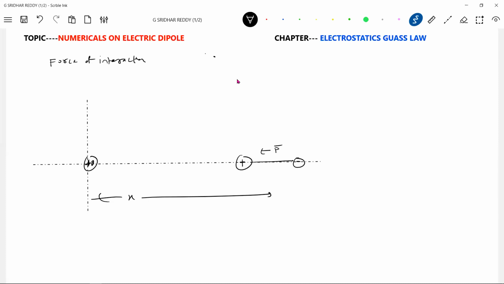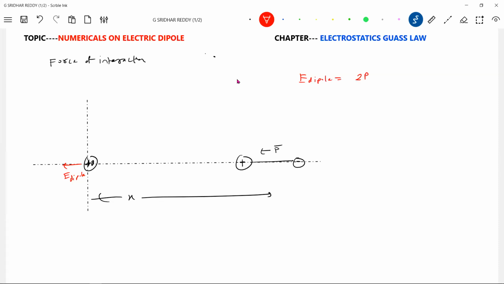Now we have to calculate the force of interaction between this dipole and the point charge. So what is the method here? We can assume this dipole is present in the field of the point charge, or the point charge is present in the field of the dipole. What is the electric field due to the dipole on the axis?